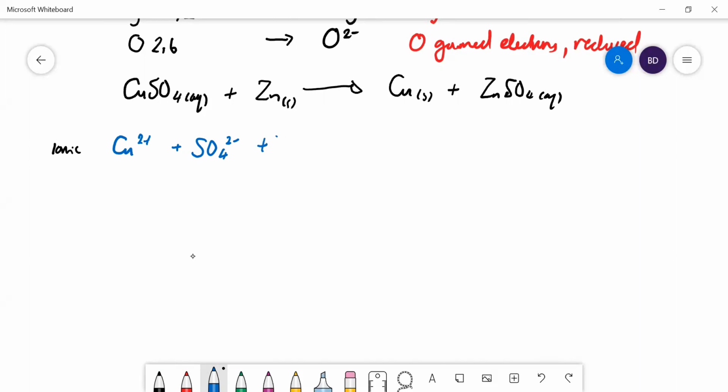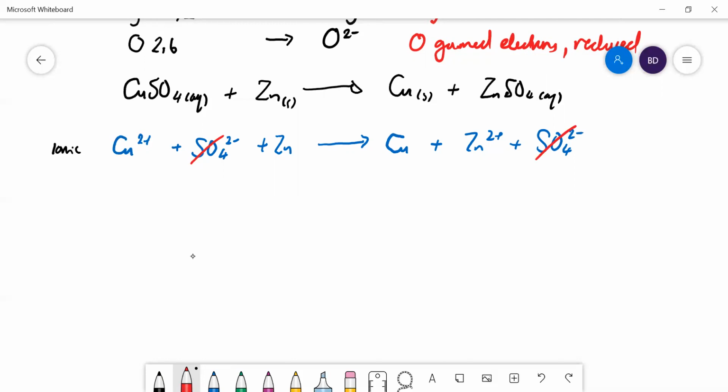And we've got zinc there. On this side, the copper has gone to the copper element, and zinc sulfate in aqueous solution, so that's going to be Zn2+ ions and SO4 2- ions. So we can get rid of the spectator ions, the things that don't change on either side of the equation, which is obviously going to be the sulfate.